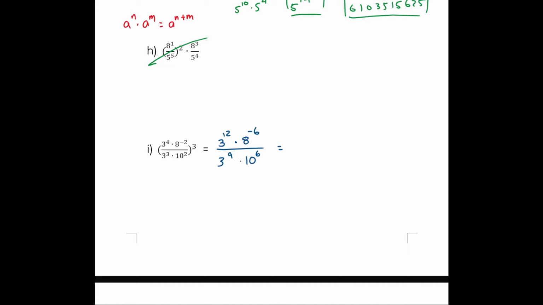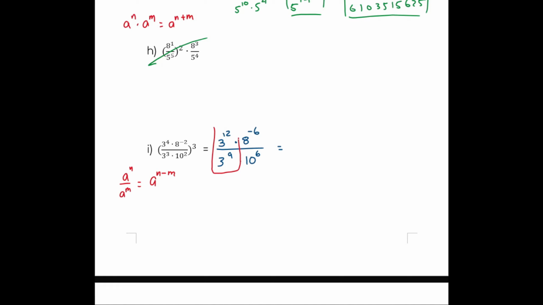So that's going to be this law right here: a to the n over a to the m. We've got something in the numerator, something in the denominator, with the exact same base. All we're going to do is take the exponent from the numerator and minus the exponent in the denominator.